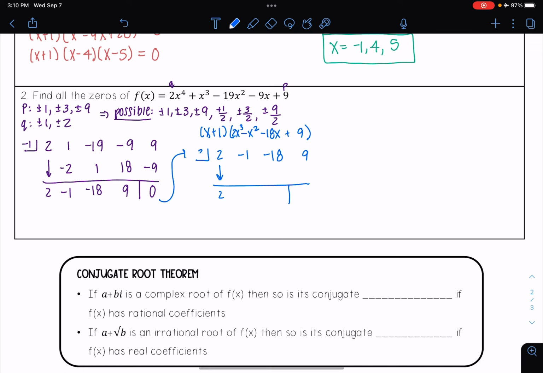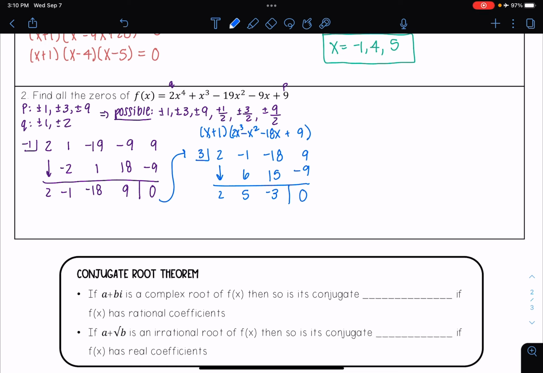Now let's try positive 3. Negative 1 plus 6 is 5. That gives me 15. This gives me negative 3. 3 times negative 3, I get negative 9. And then 9 minus 9, I get 0.